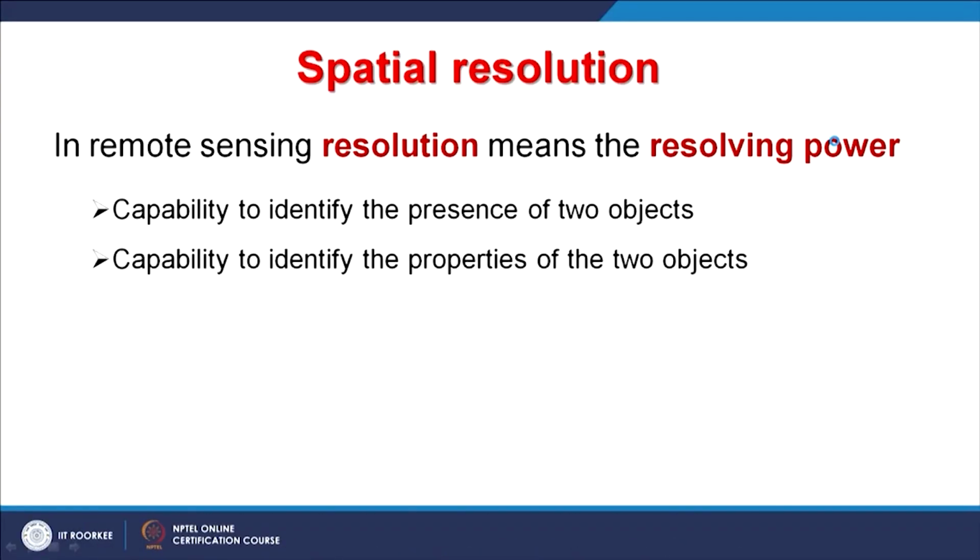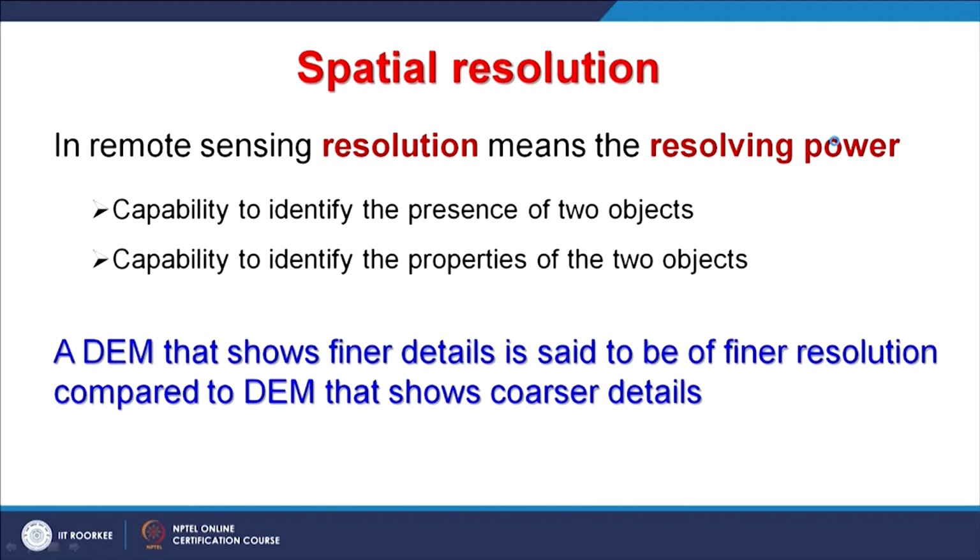But nonetheless, this resolving power creates the capability to identify the presence of two objects. Further, this capability, as I have said, depends on the properties of the two objects. So, a DEM which shows finer details is said to be of finer resolution.